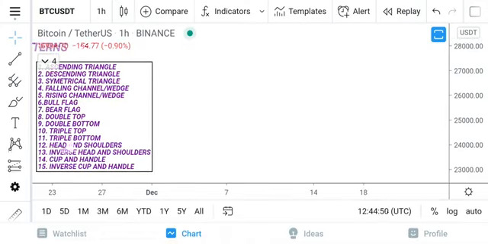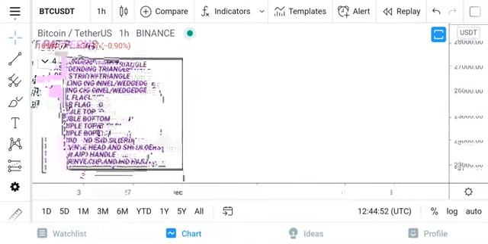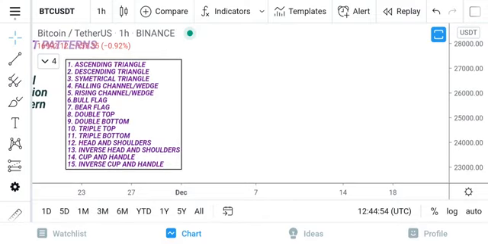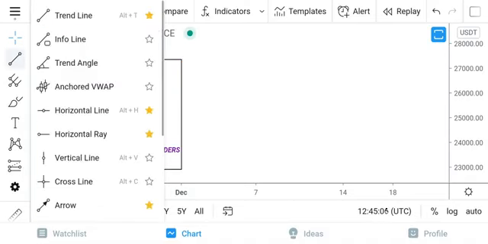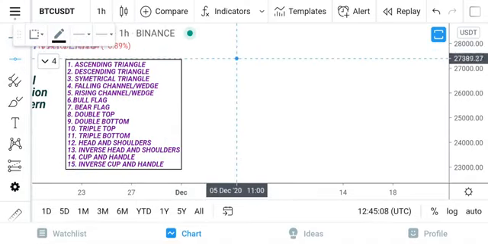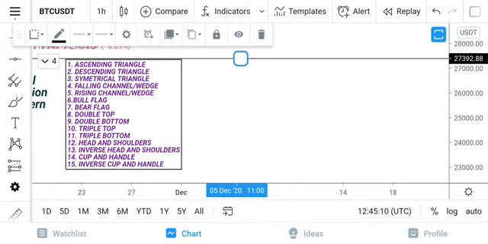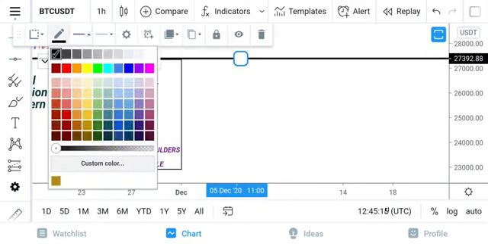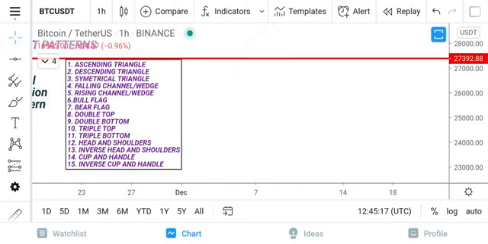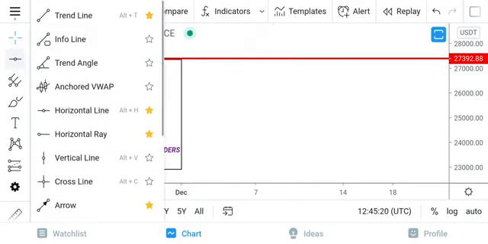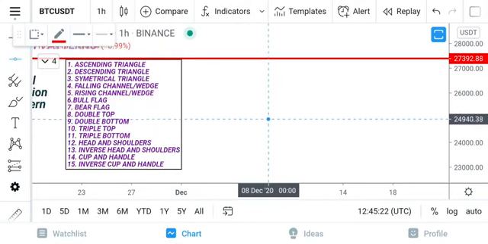So I'm going to pick these chart patterns one after the other and explain them: ascending triangle, descending triangle, symmetrical triangle. Starting with the ascending triangle, I'm going to draw a line of resistance, which I'm going to color red, and a line of support, which I'm going to color green.